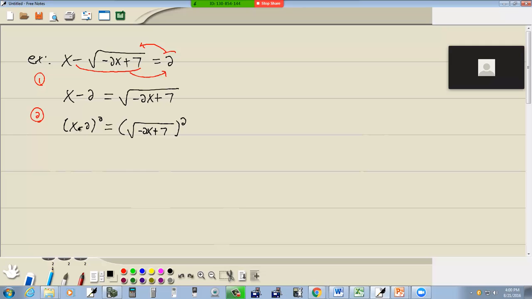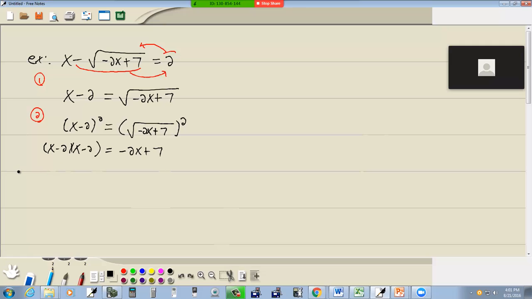Now over on the left side, x minus 2 squared I have to rewrite as x minus 2 times x minus 2. I cannot just square the x and square the 2 because of the minus in here. The minus messes that up. If everything is multiplication, then you can do that. Now over on the right side, remember when your index matches a power, they cancel each other. So that gives us negative 2x plus 7.